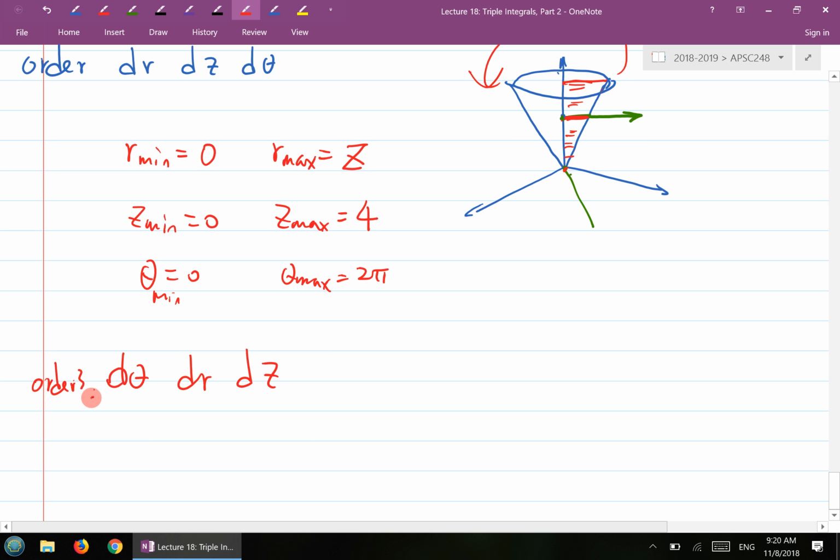Then what will be the limits for theta, r, and z? This one is a little bit trickier. I'm running out of time here, so I'll leave it as a question mark. If you're interested, try it out yourself. Any questions? All good? Okay, thank you.